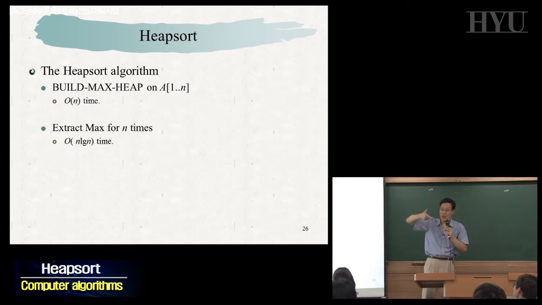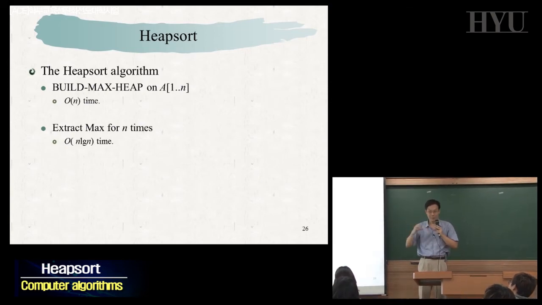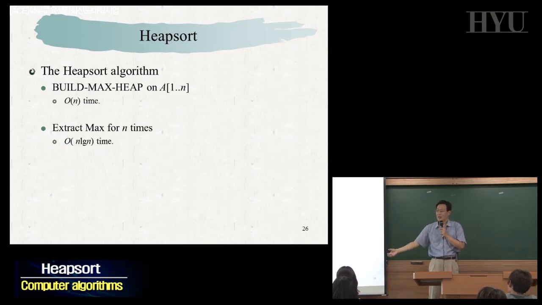Because we use only exchange, no additional storage is required. And from the heap, we perform extract max n times. Then first we get the maximum element. Then we get the second maximum element. So if we place them in a sequence, it is the result of sorting.